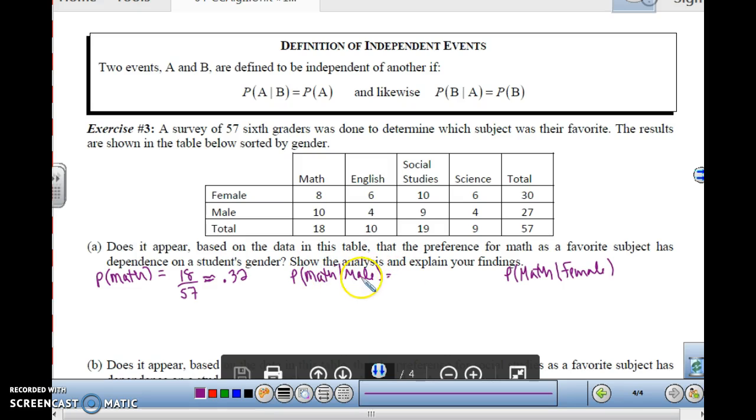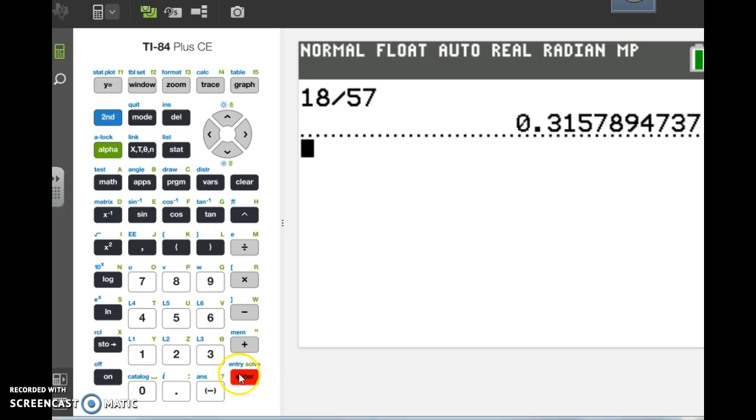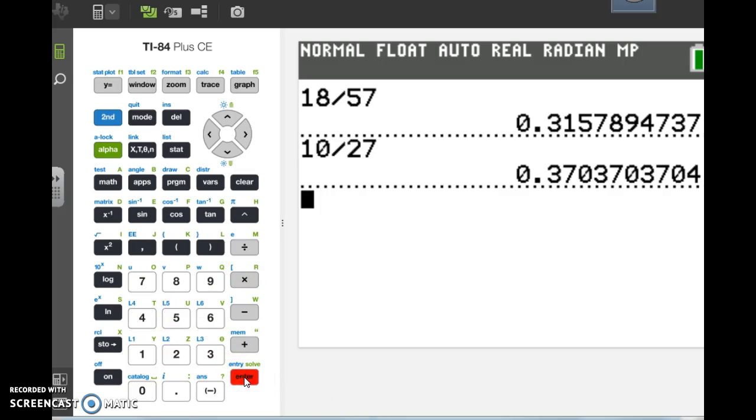All right, let's figure out now the probability that you like math if you're male. Remember, math given male means the number who like math and are male, out of the total that are male. Math and male would be 10, out of the total number of males, which would be 27. So 10 out of 27 is approximately 0.37.